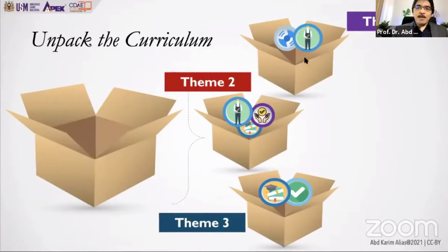In this example, I have 3 packages here, and I put them into 3 themes here: theme 1, theme 2, and theme 3. Each of the boxes here contains X number of courses and X number of modules.